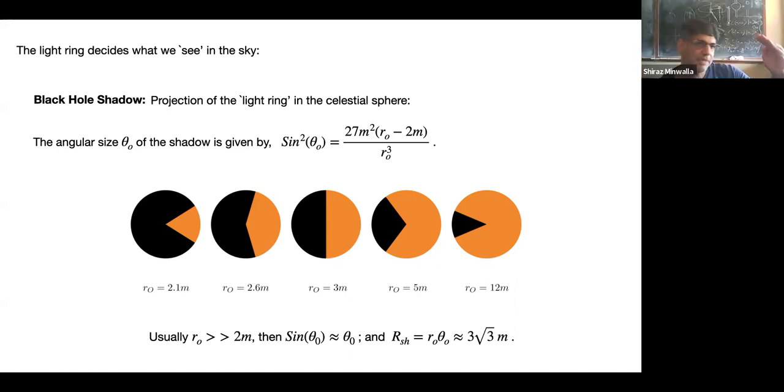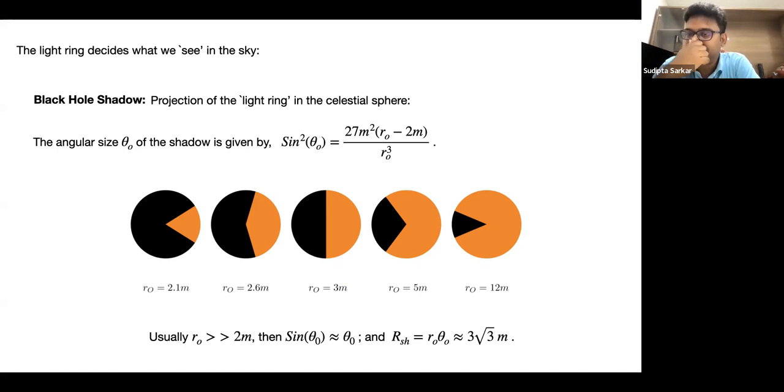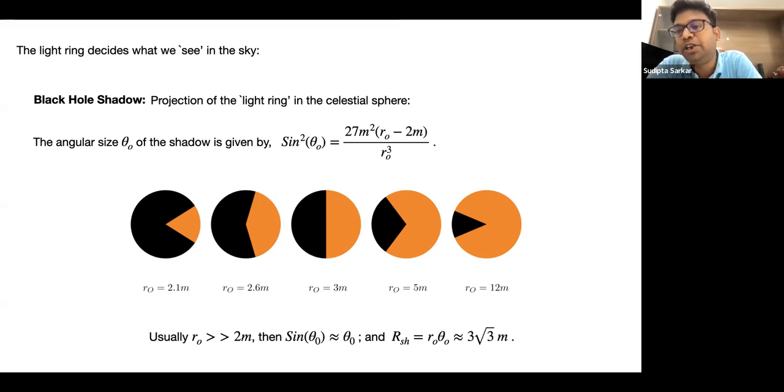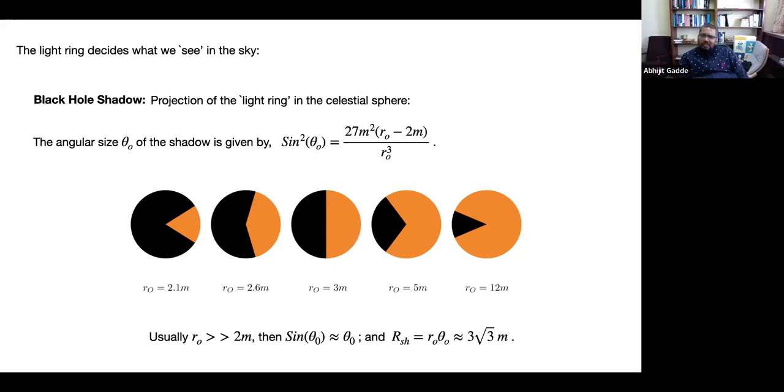That is exactly projected backwards in a straight line. Imagine this is flat space. Yeah. Because of the bending, you get this extra root 3. Otherwise, you would have got just 3M. So that projection in the background sky is called a shadow. So first of all, why is the light coming to me from the light ring?